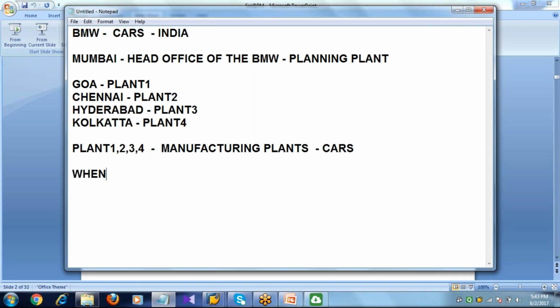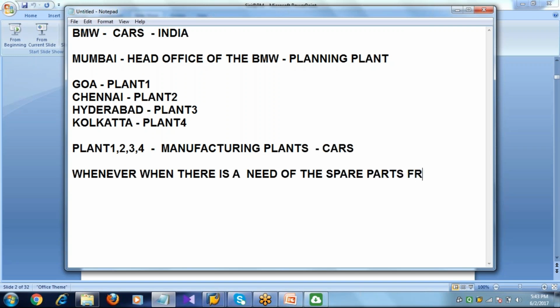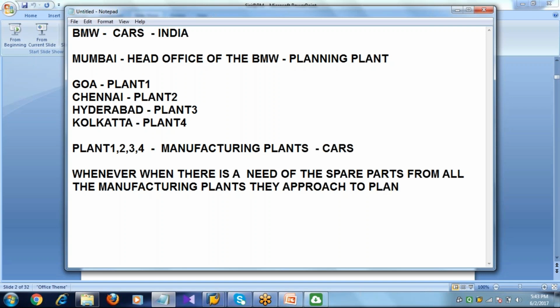When there is a need for materials or spare parts from the manufacturing plants, they approach the planning plant.